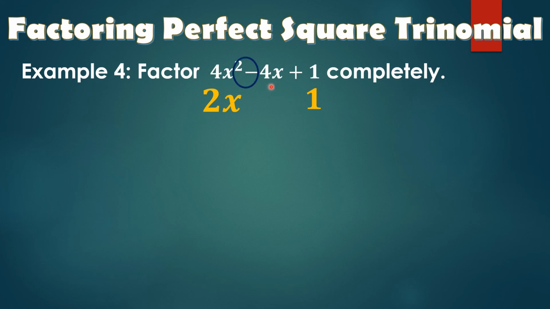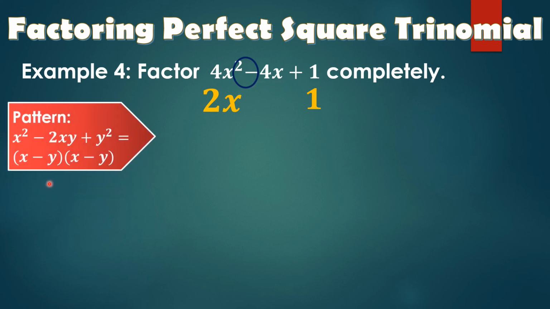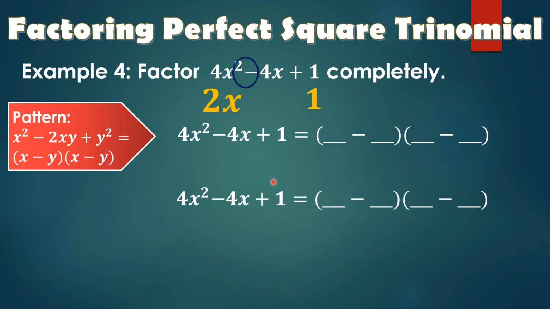Okay, since ang middle term natin ay negative, ang gagamitin natin na pattern ay, okay, parehong naka-subtraction ang factors. So pag pinagsama natin ng 2x at 1, ang magiging operation nila ay subtraction. So, dapat maging 2x minus 1 squared to. So, we have here 2x and 1.